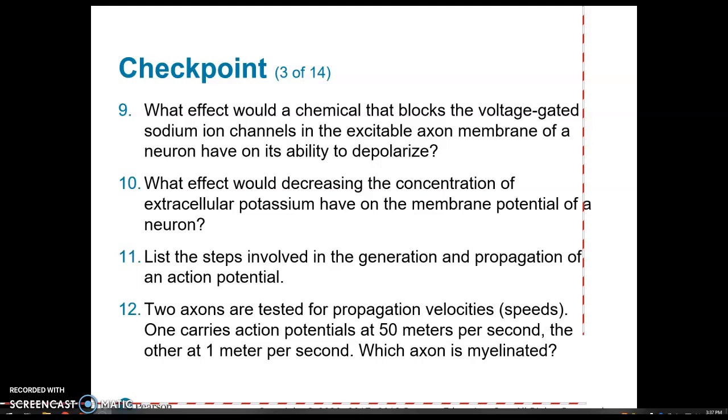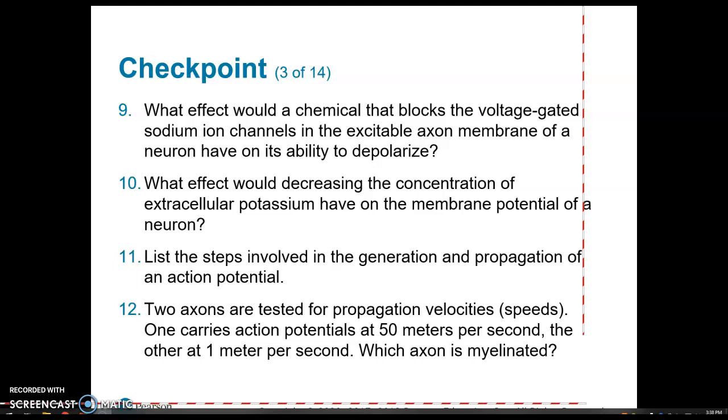Okay, first, let's review what depolarize means and the effect of sodium ions on depolarization. So depolarize means that the membrane potential, the resting membrane potential of -70, is going to move toward a more positive value. And it does that by allowing sodium into the cell, moving from the extracellular fluid into the cytosol.